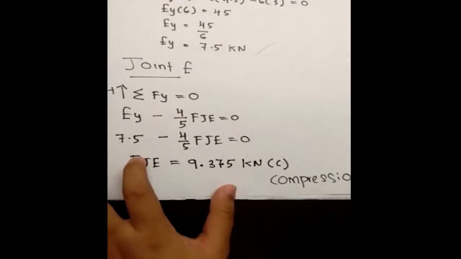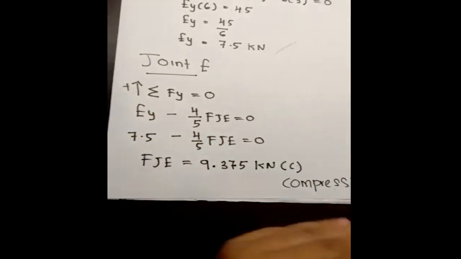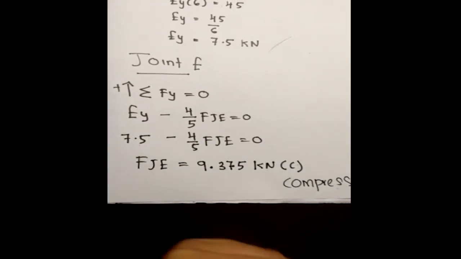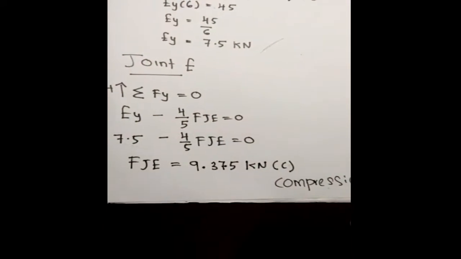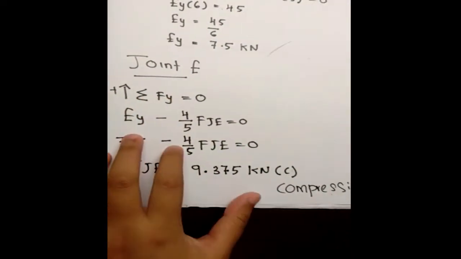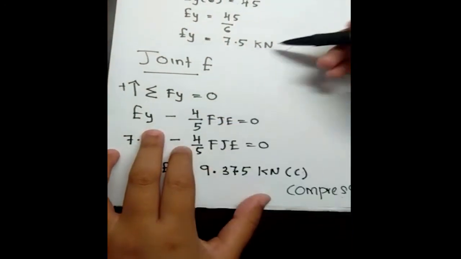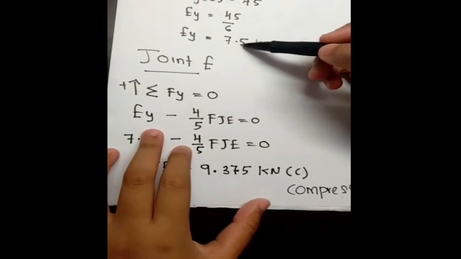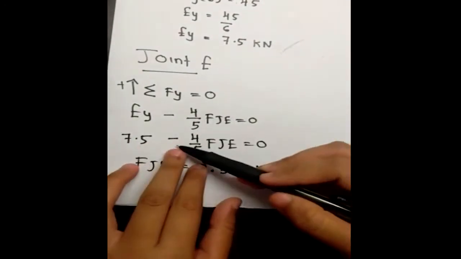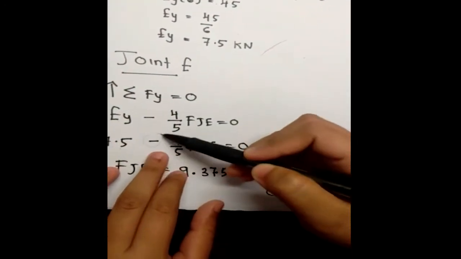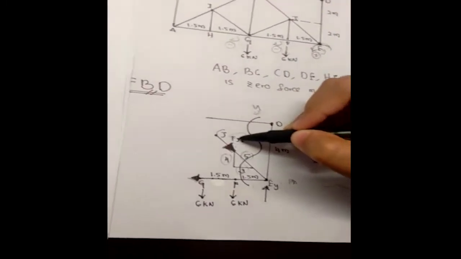Next we solve for the summation of Fy and Fx. For Fy, we have the value of EY, so we put 7.5 kilonewton, minus 4.5. FJE is downward, so it is compression, so it is negative.